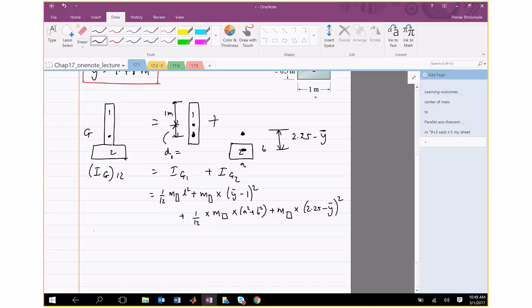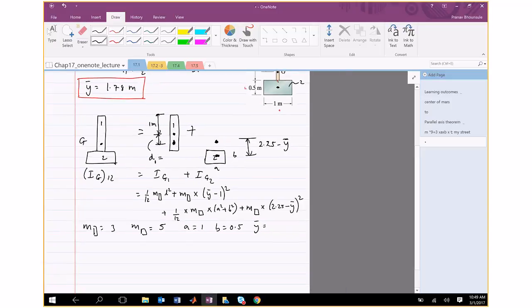Okay, the mass of the rod is given to be 3, the mass of the thin plate is 5, a equals 1, b equals 0.5, and y bar we computed to be 1.78.